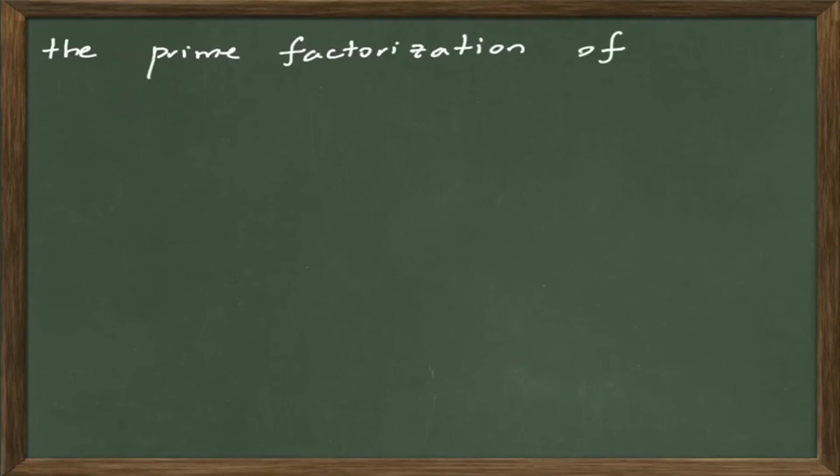Now the prime factorization of 175 is equal to 7 into 5 into 5 into 1.